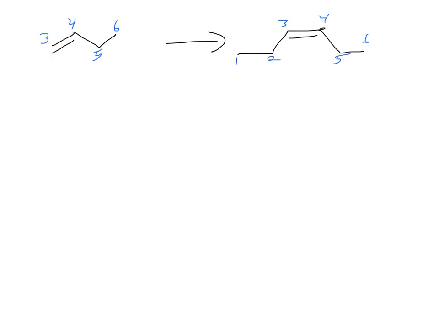So one step back, we have a cis alkene that would have come from an alkyne. You should recognize that. Because that's the only way you know how to make cis alkenes, is from alkynes.